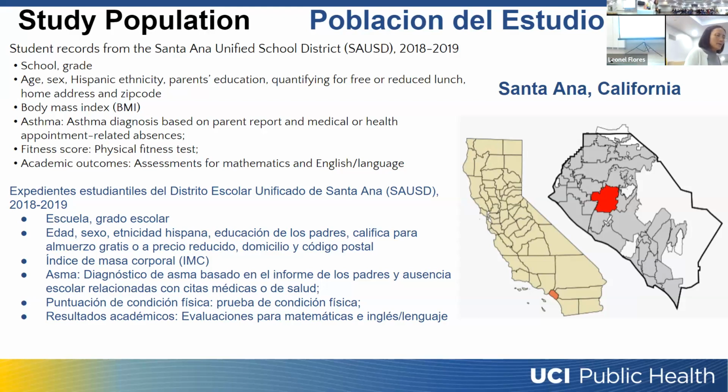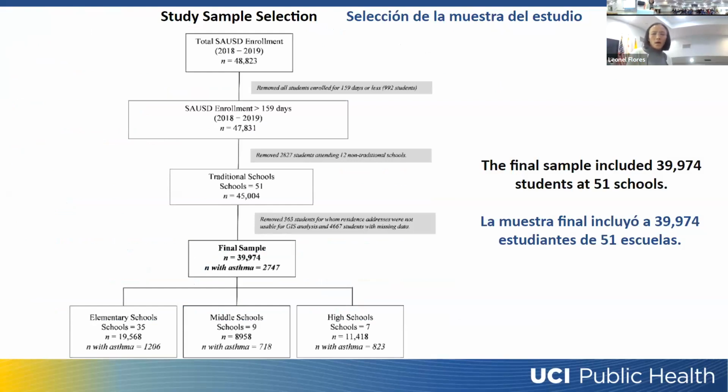Okay, next slide. This just shows you how we selected our sample. We started with all the records in that 1 year, which is over 48,000 children's records.